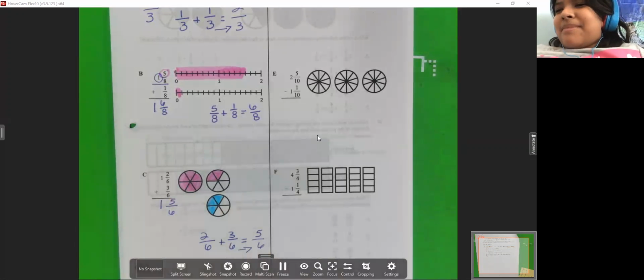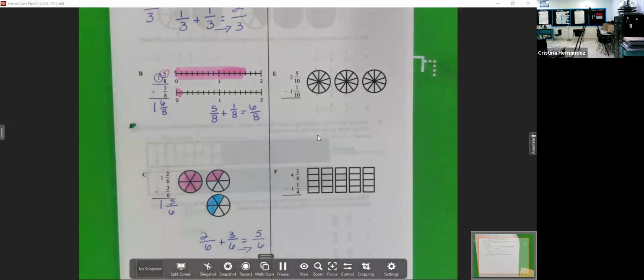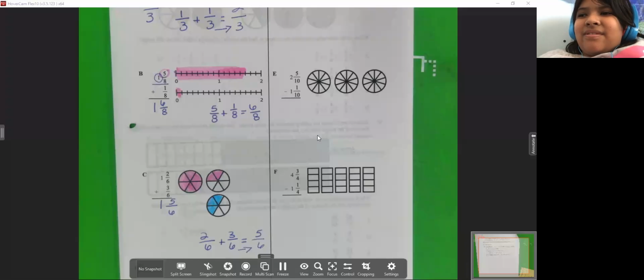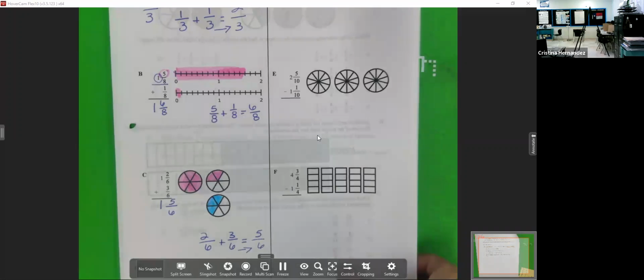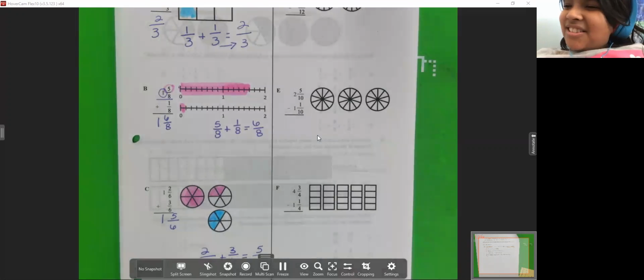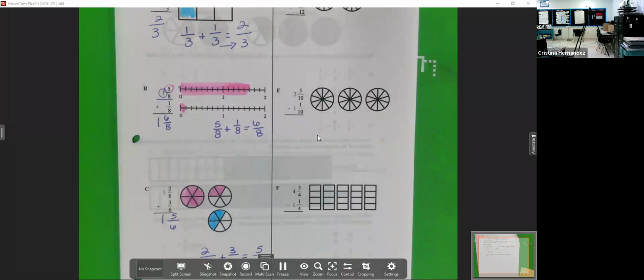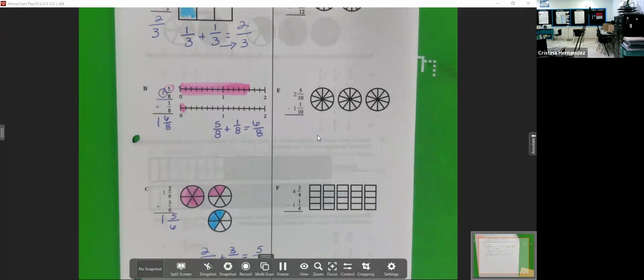I already finished the page. Keep going. Oh, no, actually don't keep going. Anella, come back and check A, B, and C real fast. Do I send you my answer? I guess you can. It's weird because of how B was, like do I shade the number line? You could have jumped if you wanted to. I was going to put jumps.